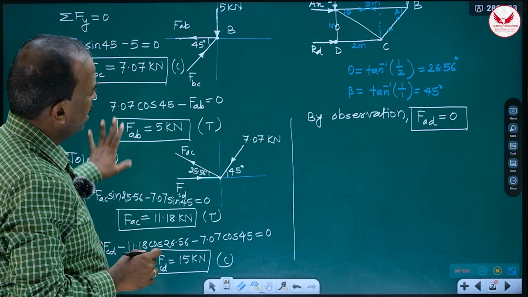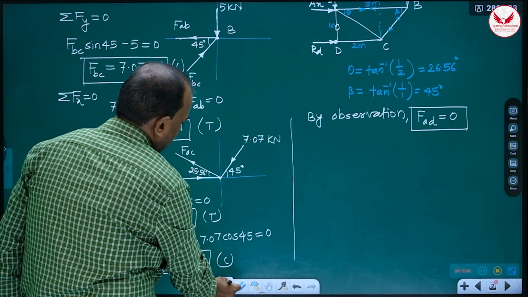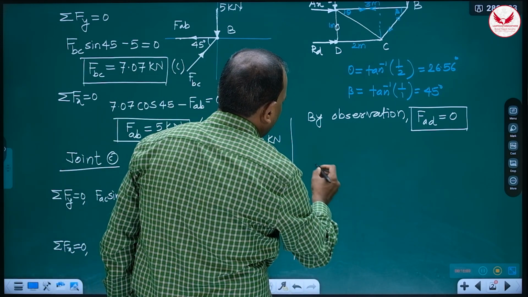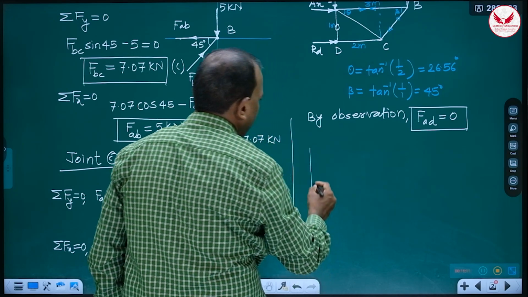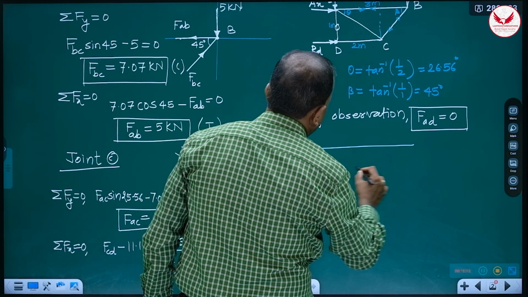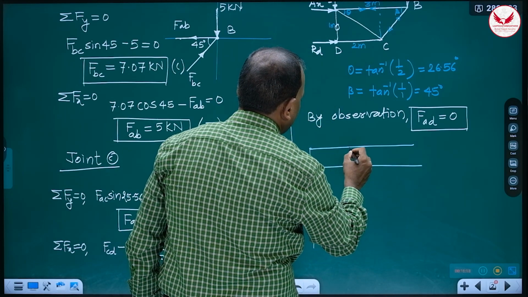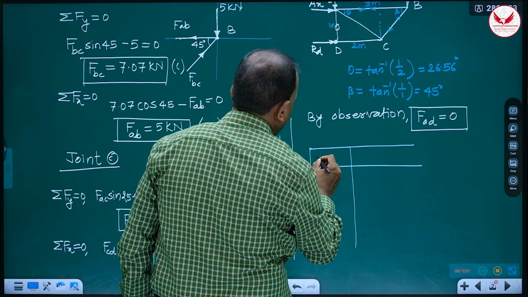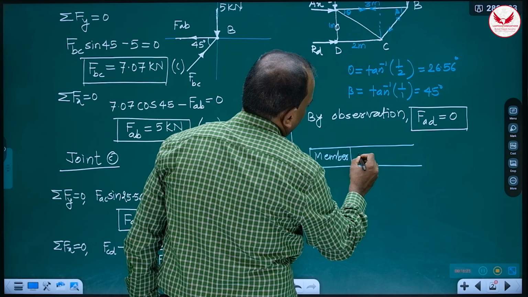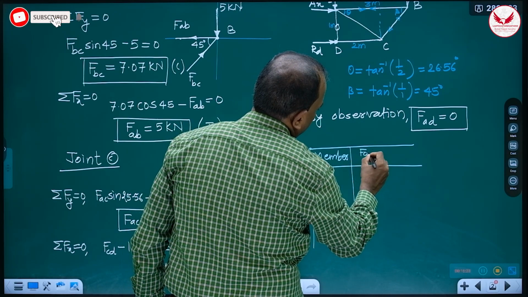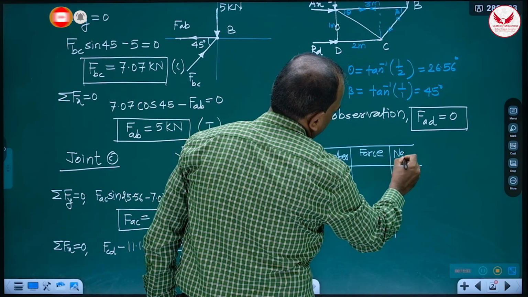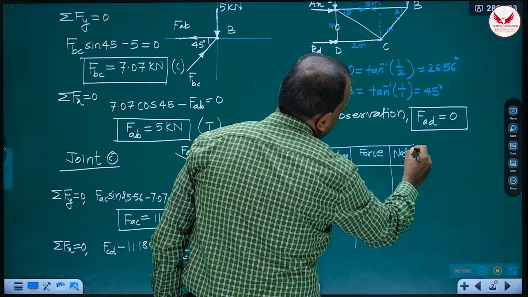Means all the answers we got easily, and at the end I'll always suggest prepare the table like this. So many times in the question itself there may be an instruction that find the forces in all the members and tabulate the result. So here what we have to prepare, this is the member, first column, then force in the member and its nature, whether compressive or tensile.